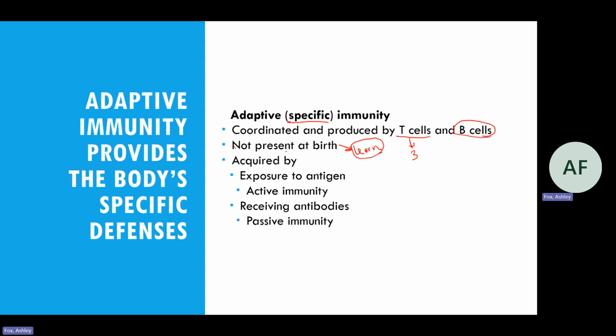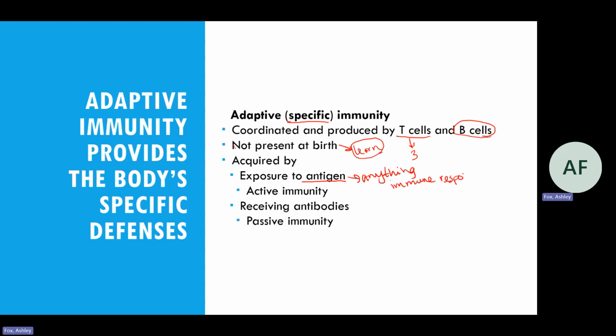So specific immunity isn't acquired at birth. We have T cells and we have B cells, but they need to learn about their specific pathogen. So we have two different types of how we get immunity. The most common is exposure to the antigen. Now remember, the antigen is anything that causes an immune response.